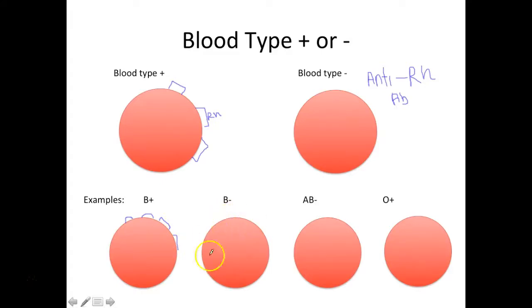Okay, now let's talk about blood type B negative. That means I have B antigens on my cell, but I don't have any Rh antigens. So what type of antibodies do I create here?